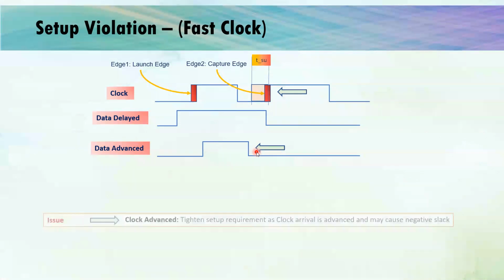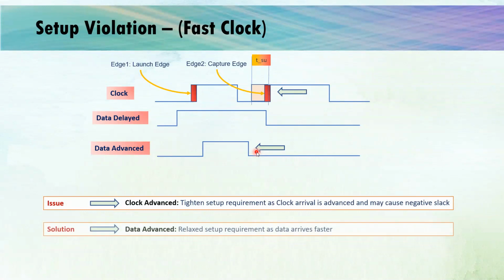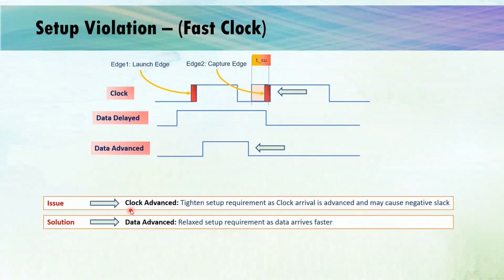The main important thing I want to explain here is that if we are advancing the clock, that will also work as a tightened setup timing requirement, as clock arrival is advanced and may cause negative slack.